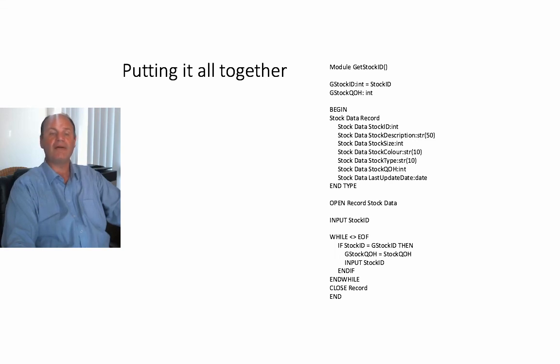Inside the while loop we have an if statement. The if statement says that if the stock ID matches the value in the gStockID variable, then whatever the stock QOH is will also be the gStock QOH. Then the while loop will close, as will the record, and then the program would end.